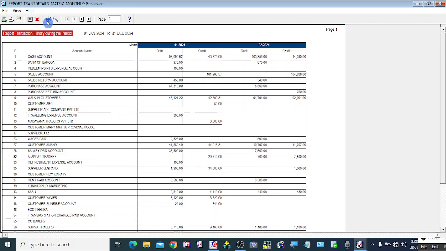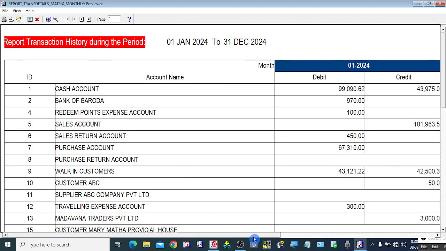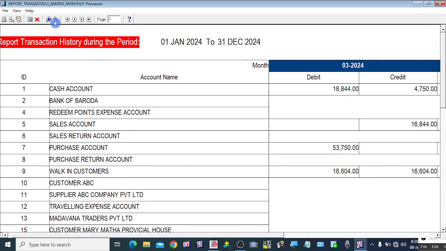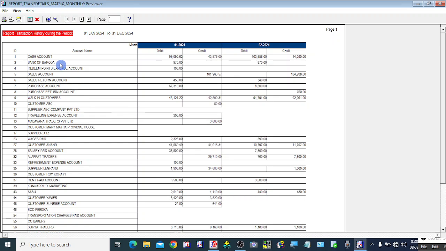In this report, we can see whatever ledger accounts we have created will appear in this list. Also, during the month of January, in the cash account, how much is the total receipts and how much is the total payment?